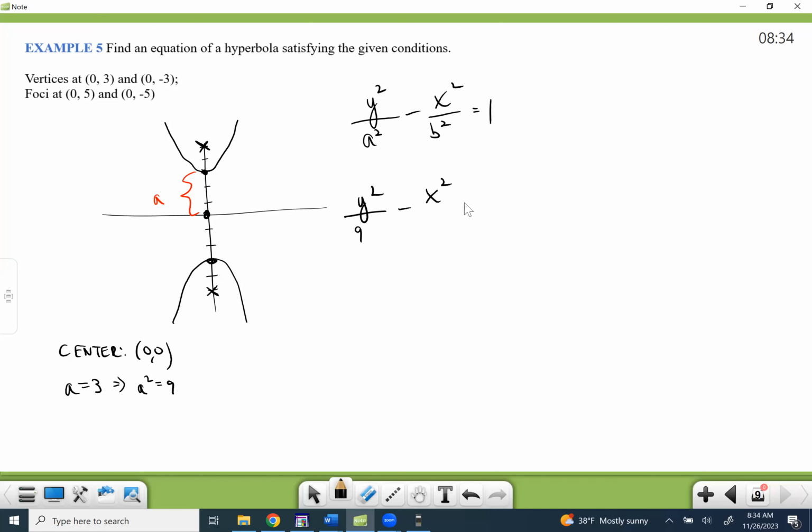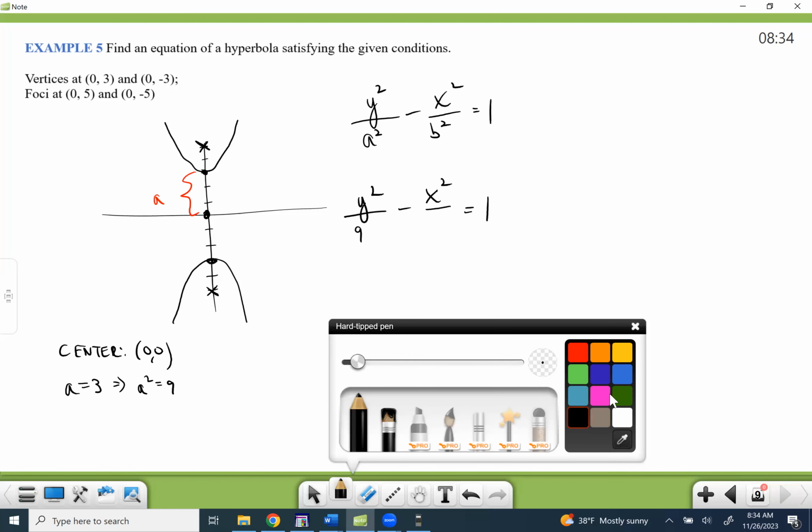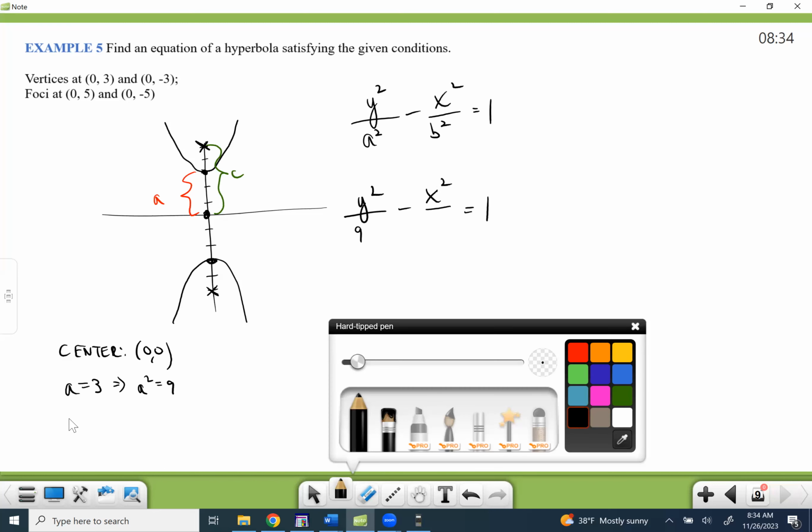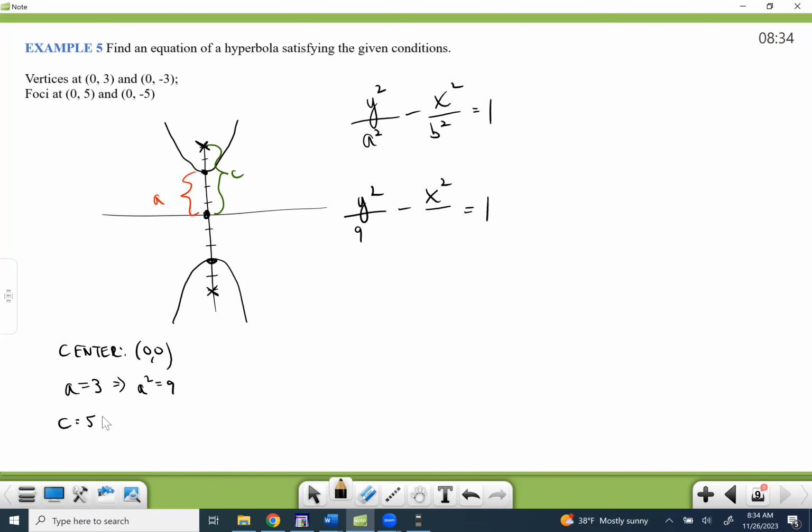Now we're missing the b squared again, but we're going to get this in a totally different way. Okay. So we can see that we have the letter c. c goes to the foci. So we know that c is 5. That's going to imply that c squared is going to be 25.